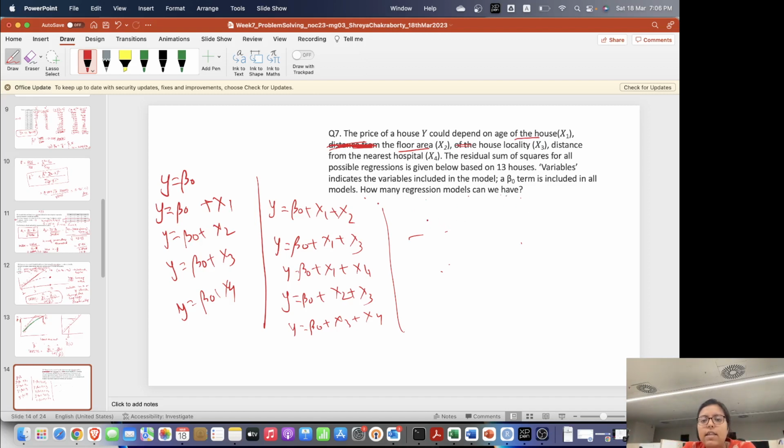So, how will we get this? Here we are not selecting any of the 4 covariates. How many ways can we do that? Not selecting anything from 4, we can do it in 4C0 ways. Then we are selecting one variable out of the 4 choices, so that is 4C1 ways.